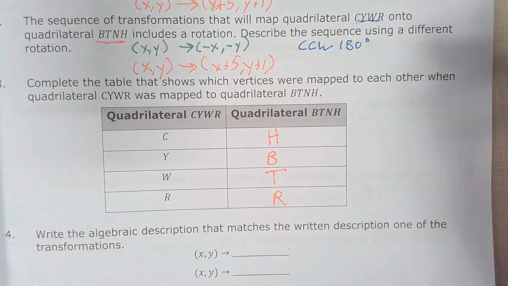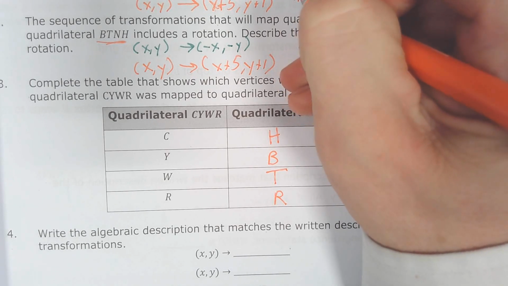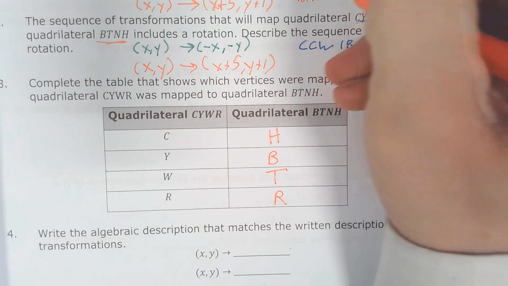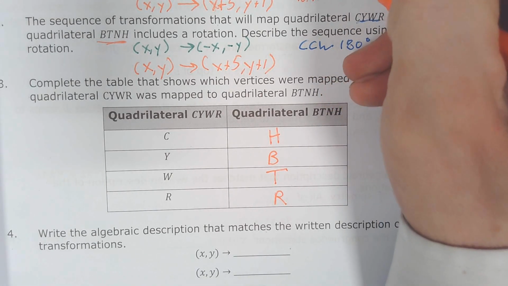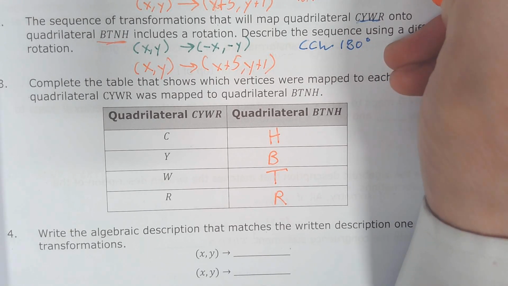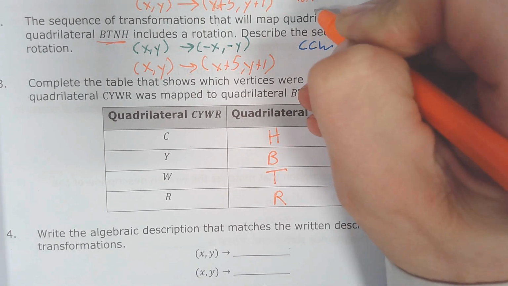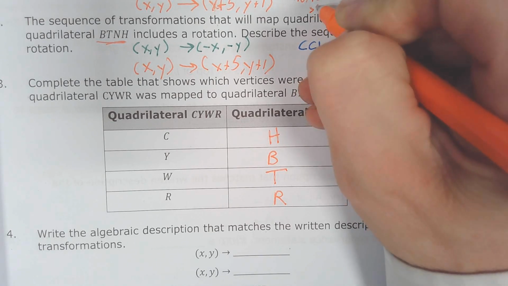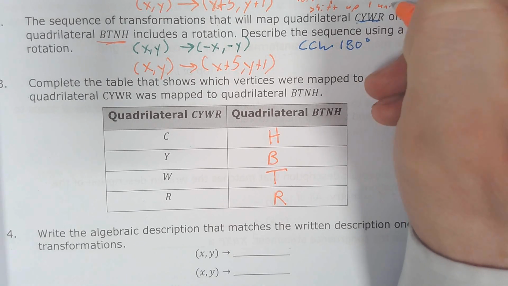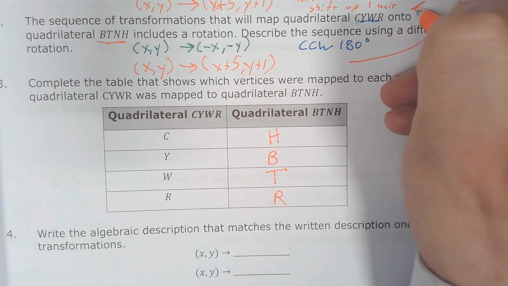Transformation: horizontal shift right 5 units, shift up 1 unit, and then I'll go like this. Same.